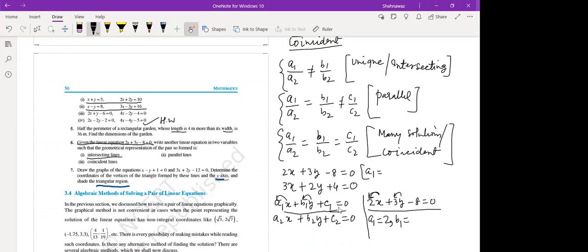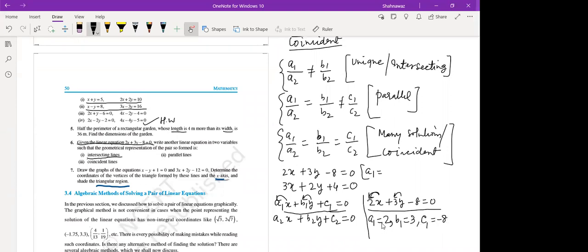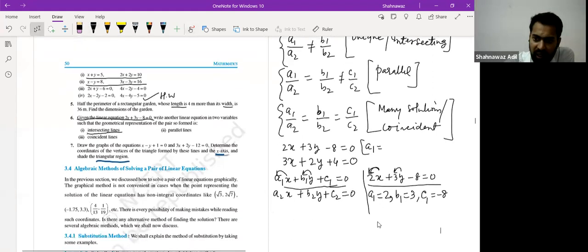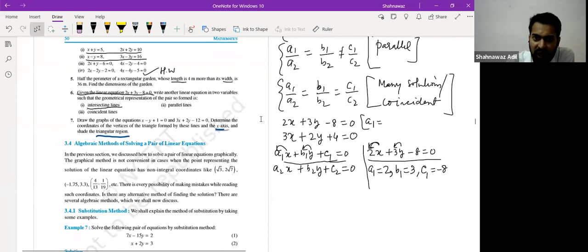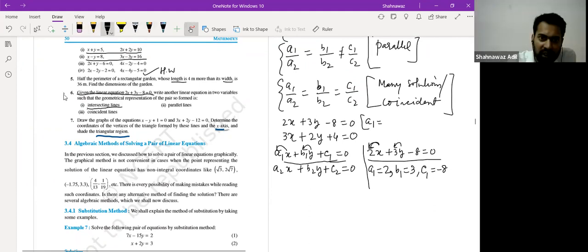Okay. So B1 is 3 and C1 is -8, right, Talha and Rizwan? Yes. And we have to write another. For this 6th number question, we have to find a scenario where A1 by A2 is not equal to B1 by B2.